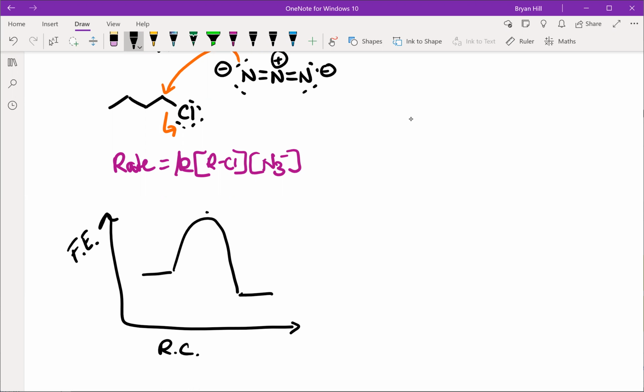And the transition state here, in this case we'll draw it like this, R. The leaving group is leaving, and the nucleophile is attacking. So this would be a trigonal bipyramidal sort of structure, and it's a transient species, and then before you know it, you're going to have your product.